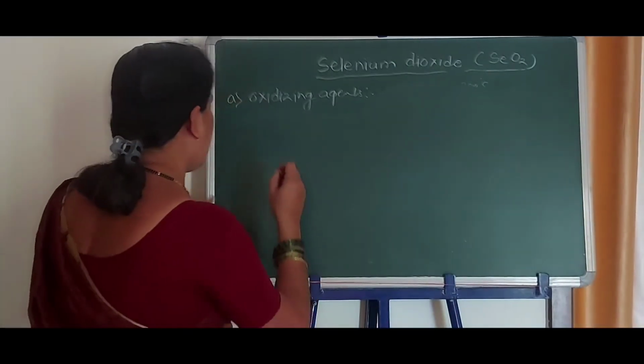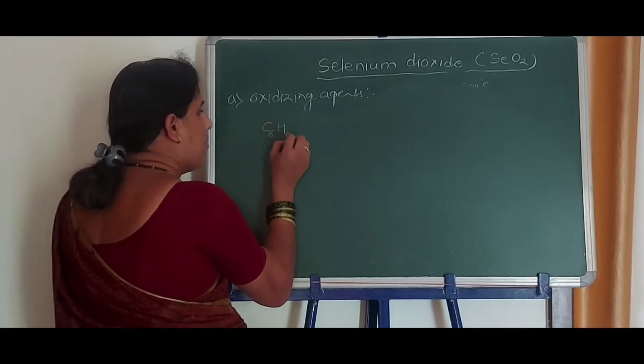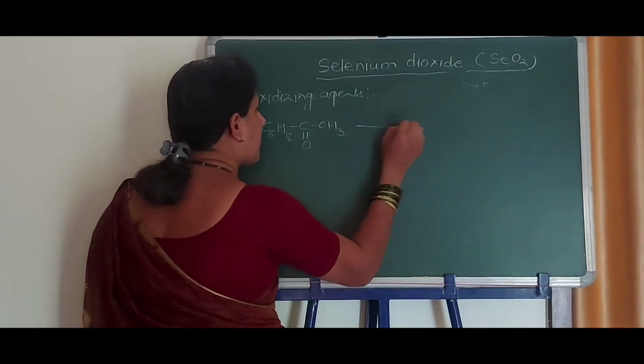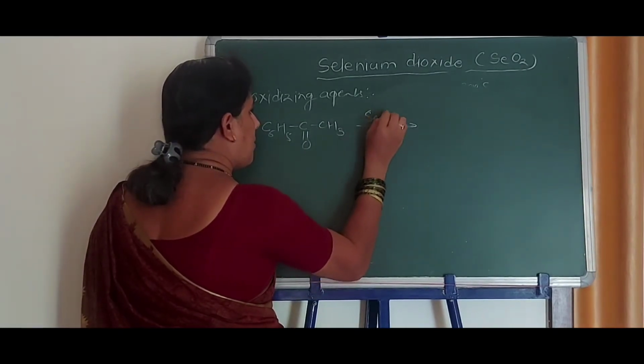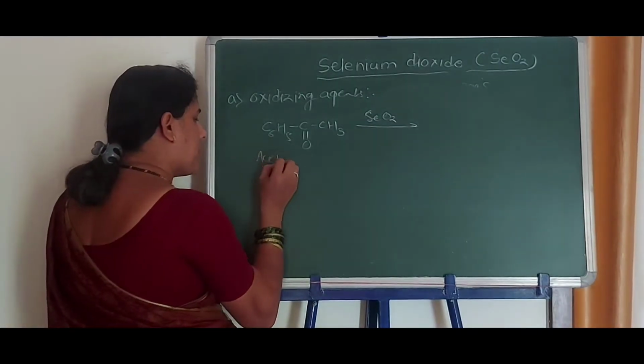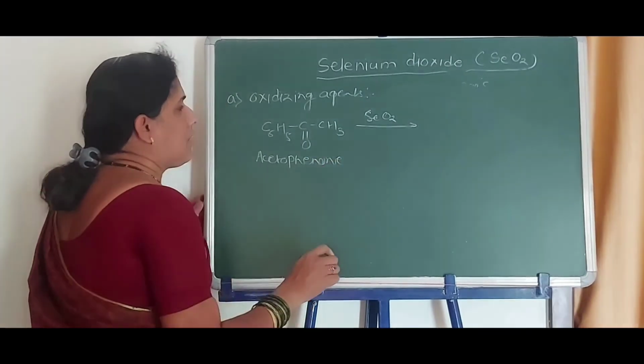Next, other examples. C6H5COCH3 with selenium dioxide. The name of this compound is acetophenone. What is the conversion here?